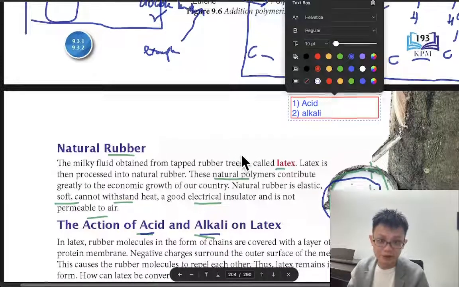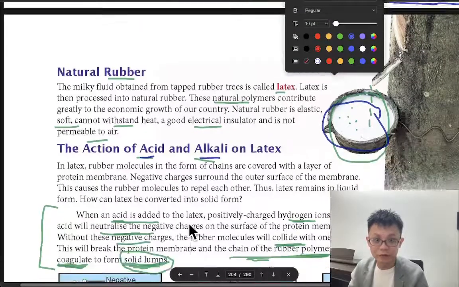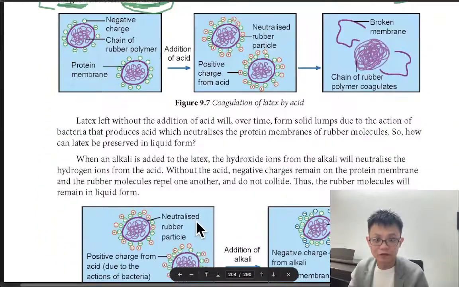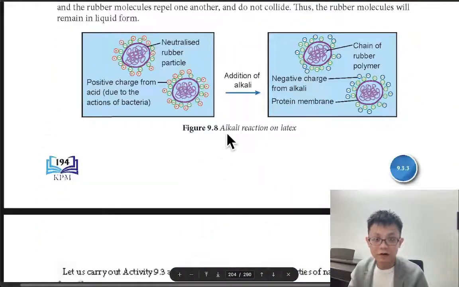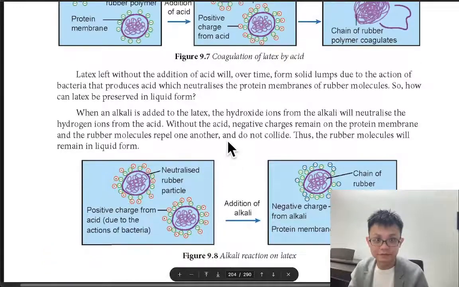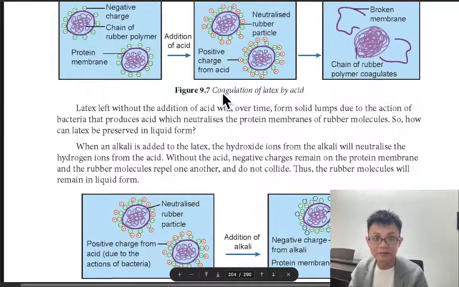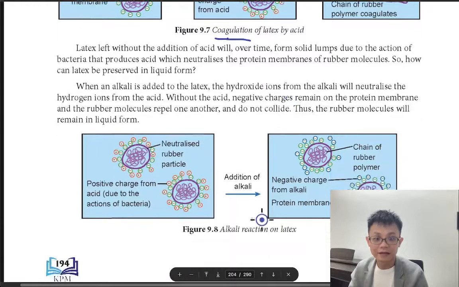Okay, so if we put acid, this one you need to know. If you put acid, it will coagulate. Okay, coagulation by acid. So I take my pen, coagulation, and this one is not coagulate.